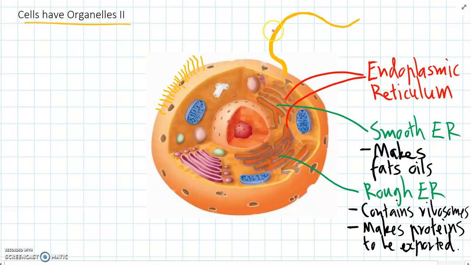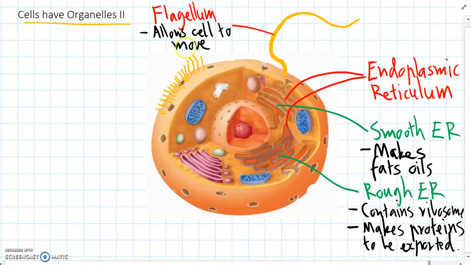Next, over at the top on the outside, we have something called a flagellum. And a flagellum, we can see it looks just like a tail, and it works like a snake's tail, really, where it flaps and moves around, and it helps the cell to move.